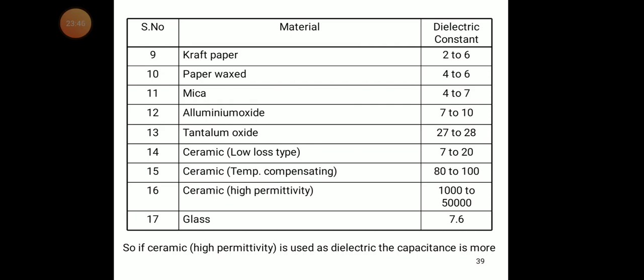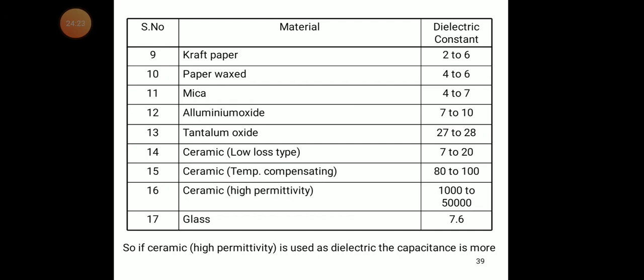You can see mica has 4 to 7 dielectric constant, aluminium oxide 7 to 10, tantalum oxide, which has a very high dielectric strength, 27 to 28, ceramic low loss type 7 to 20, ceramic temperature compensating type 80 to 100, ceramic high permittivity 1000 to 5000. Very high dielectric constant is for the ceramic, high permittivity.